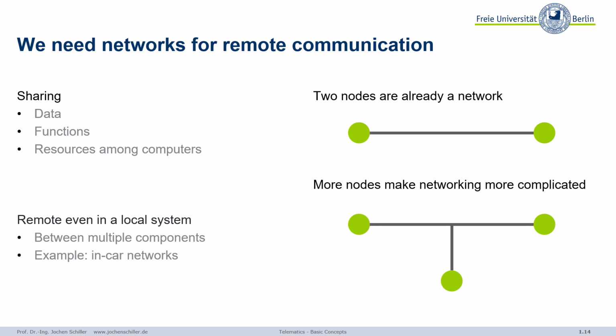And here we already have to think of, if this is a single fiber or a twisted pair copper wire, how do we share this? How do we access this? And this is already a simple, small network where you access data on the other machine. How do we do this?